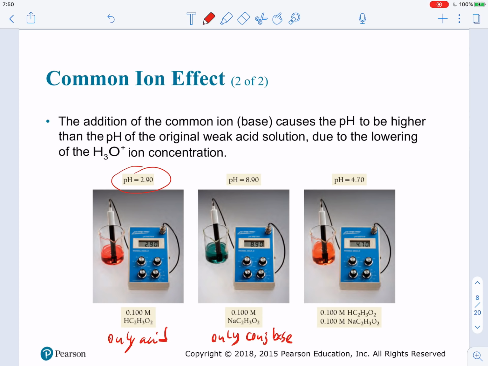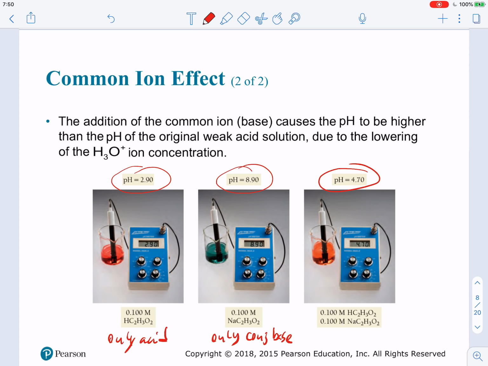With only the base, you have a pH of 8.90. When you mix equal concentrations of the acid and the conjugate base, you are somewhere in between. You are not as acidic as having only the acid, or as basic as having only the conjugate base. You are somewhere in between, and that's exactly where the buffer will work.